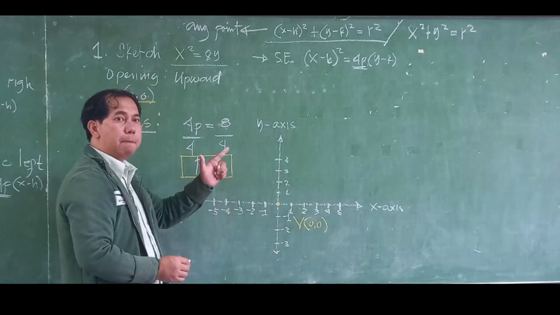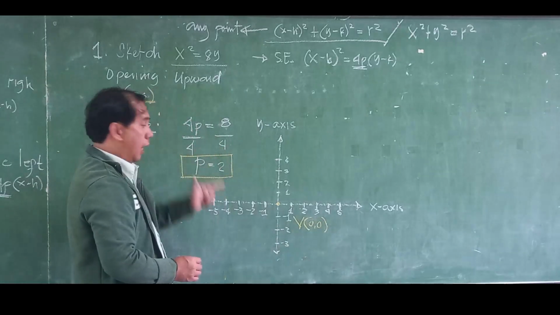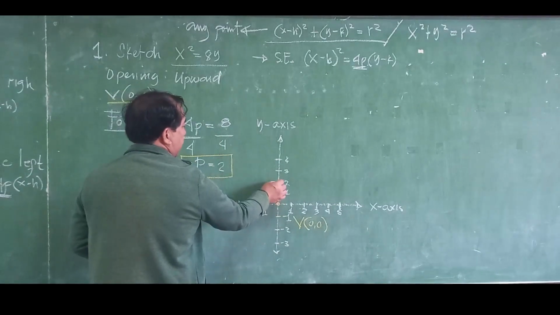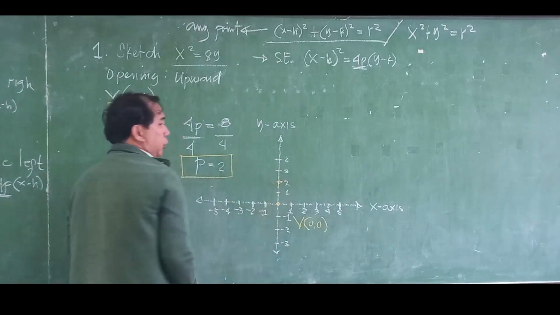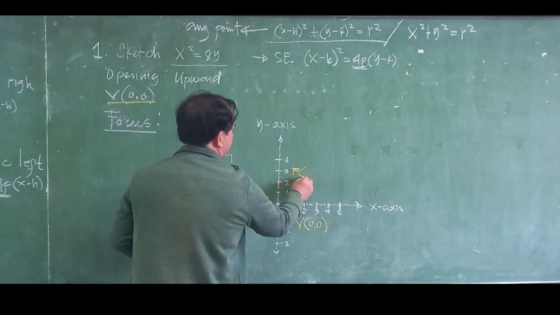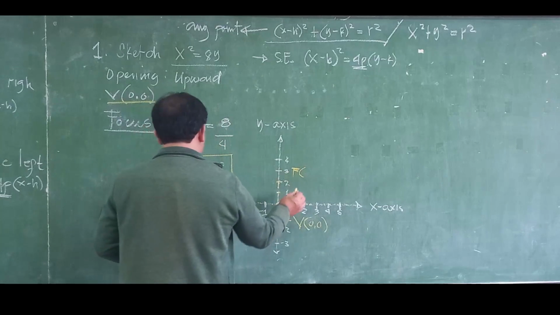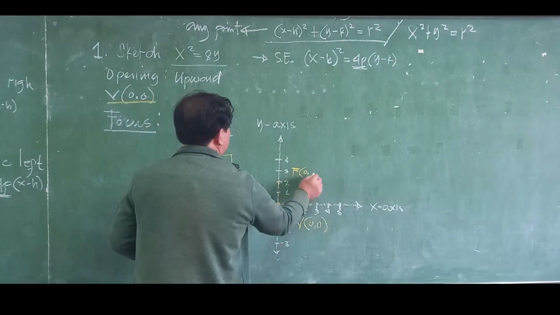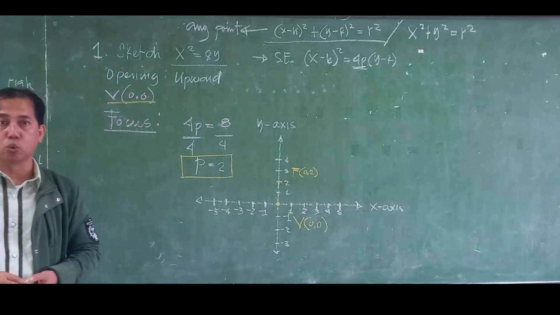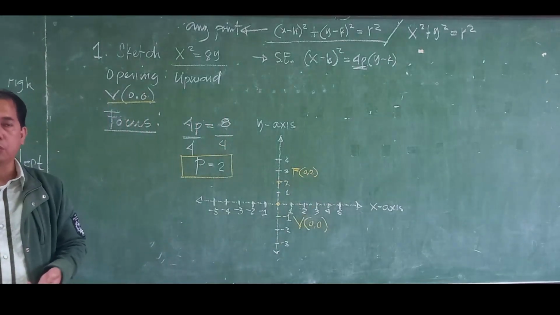That is above, because the opening is upward, above the vertex. So that is 0, 1, 2. So located in here, this will be now your focus. What would be the focus? That is 0 and 2. So we have now the vertex and the focus.